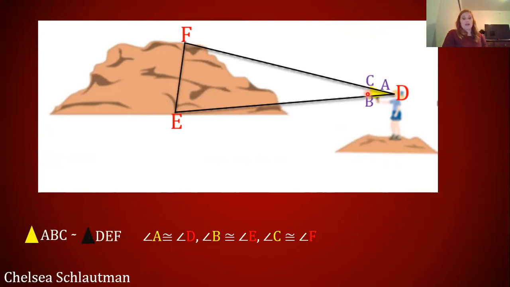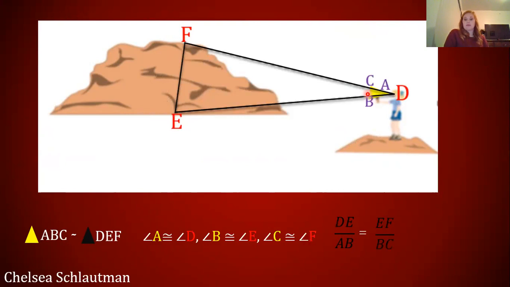We have angle A is congruent to angle D, angle B is congruent to angle E, and angle C is congruent to angle F. And another way to look at this is we have DE over AB. So that basically means the line D and E, so from E to D, that line is the exact same on the smaller triangle as point A and B. Then we look at the line EF, which is the very end, the base of that triangle.